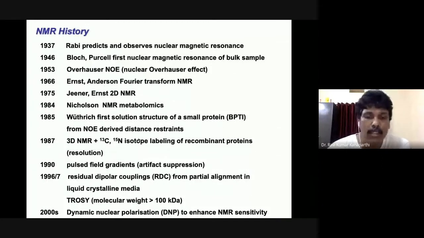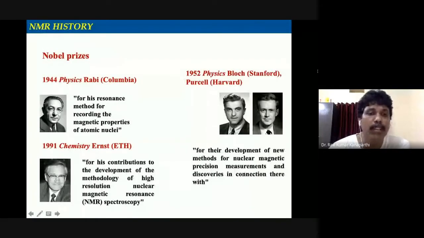Still this research is very, very active, and these are some of the people who have contributed significantly and shown breakthroughs in the subject, for which the Nobel Academy has given them the Nobel Prize. This is the person Rabi.